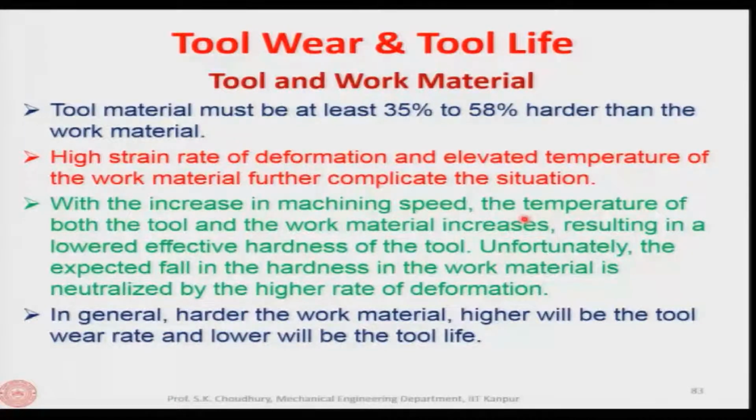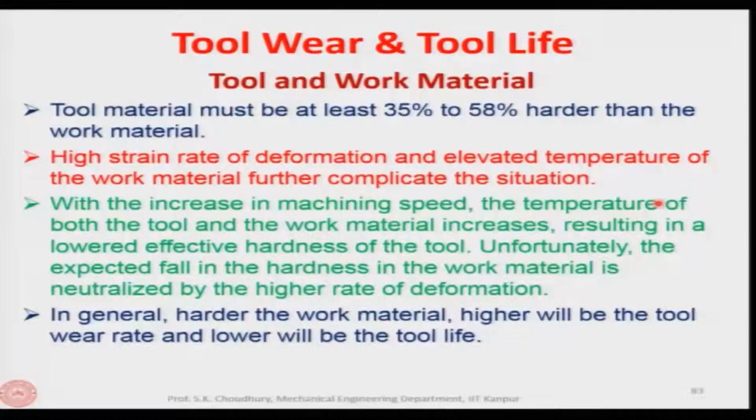Machining zone temperature is increasing as the machining progresses, as the cutting velocity increases. This is increasing the temperature of the tool and the work material, resulting in a lowered effective hardness of the tool.